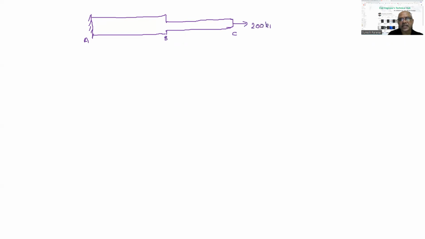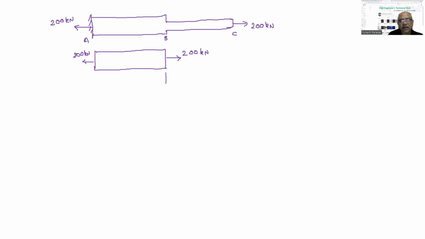Now obviously we will get reaction at A of 300 kilonewton towards left, because summation Fx equals 0. And if we draw these two diagrams separately, in both we are going to get 200 kilonewton tensile, towards right.